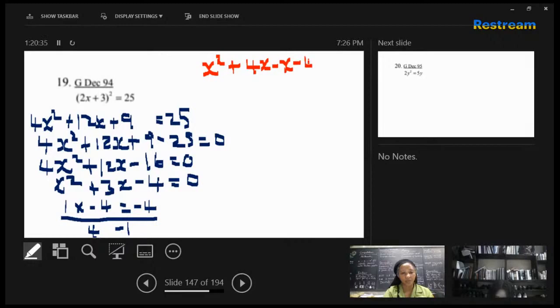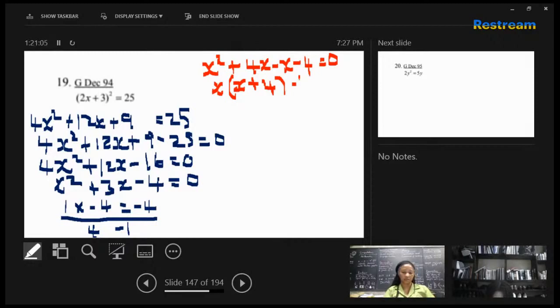This time you could have put the 4 with the 4x and the x squared with the x, but in any case, you're going to get your answer anyway. So common factors. x into x squared goes x times. x into 4x goes 4 times, positive 4. Minus x into negative x, what's the common factor?